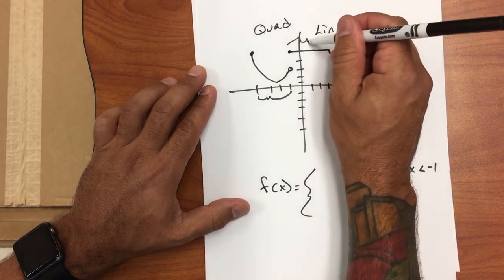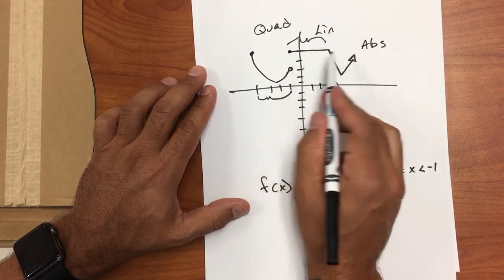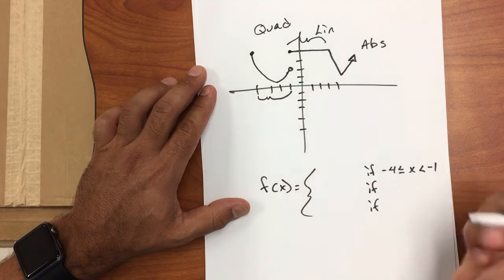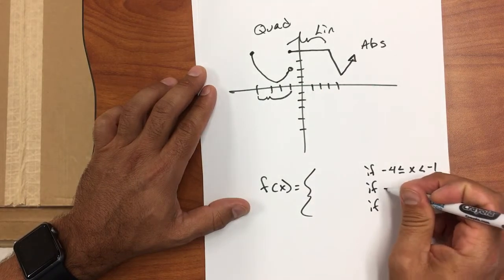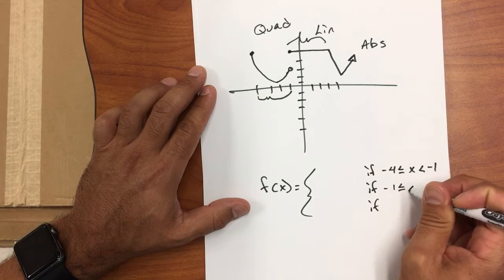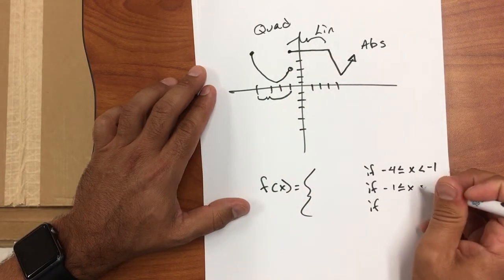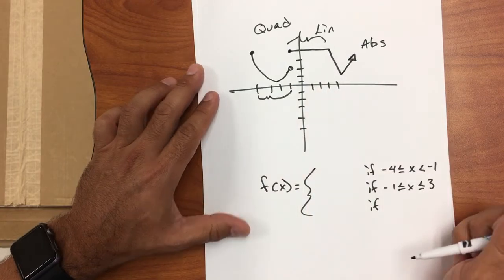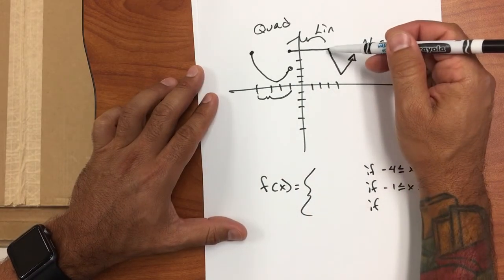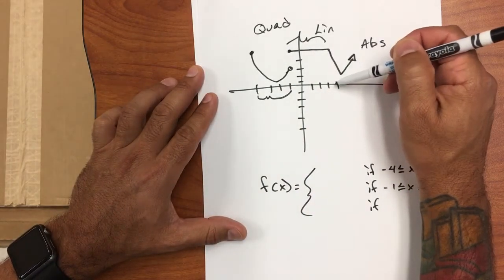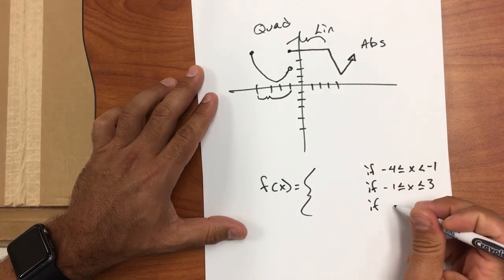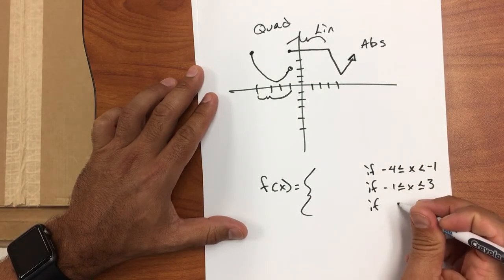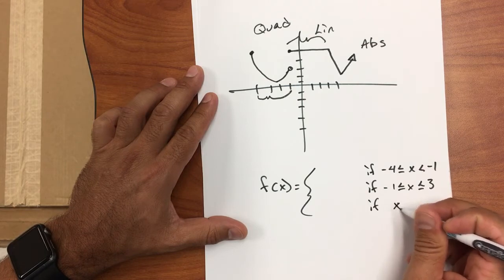This piece right here goes from -1 to 3. -1 is less than or equal to x because it's filled in, is less than or equal to 3 because it's on the line. And then the absolute value is going to go from 3 to infinity. So if x is greater than or equal to 3.